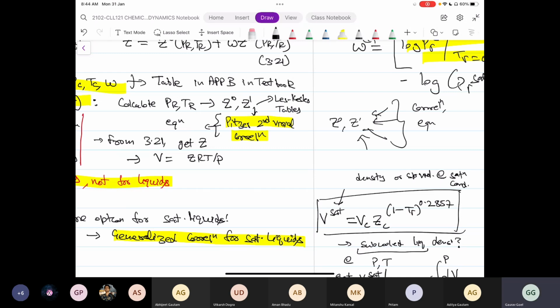Some of those correlations would be more accurate, others could be less accurate. Lee-Kesler correlations are more accurate than Pitzer second virial correlations for Z0, Z1 in general. However, for a smaller range of PR and TR, Pitzer second virial are almost equivalent in accuracy.